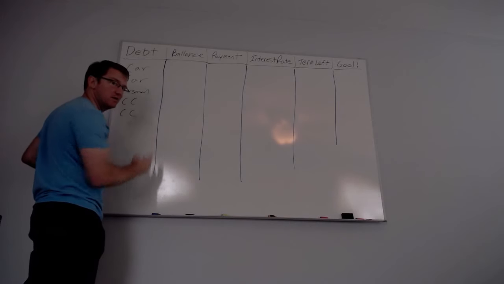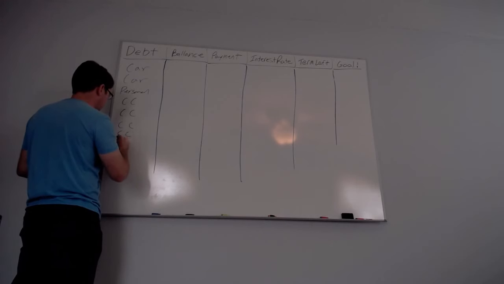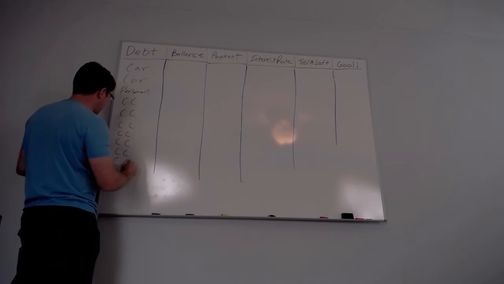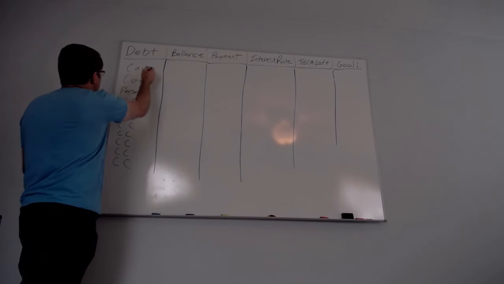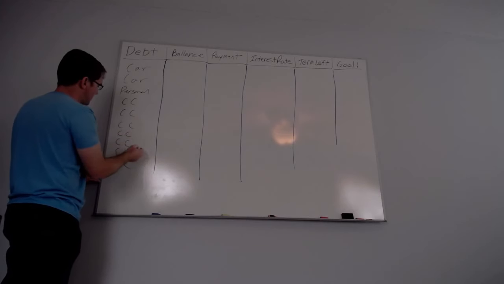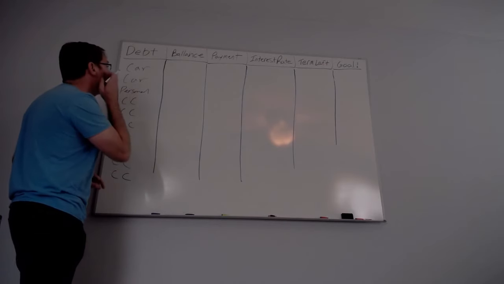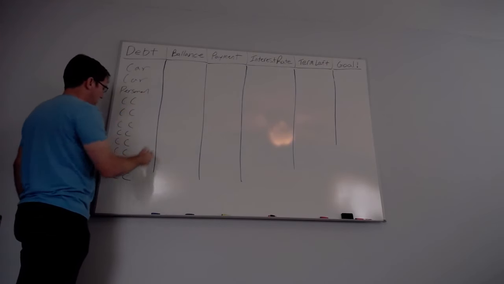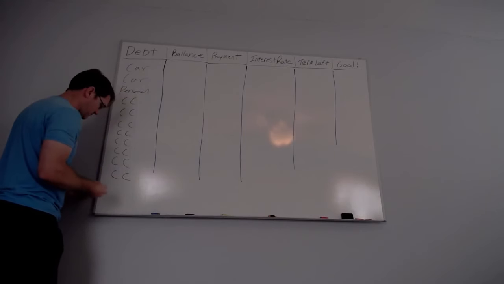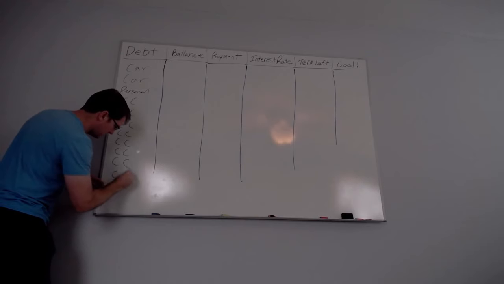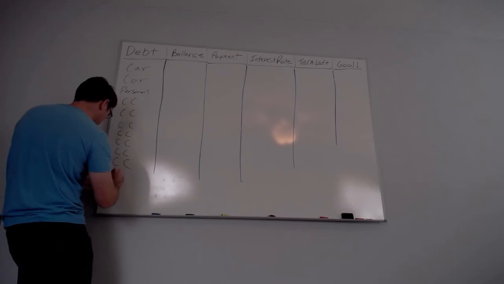I just remember we had 11 things. So I'm just going to put credit card, credit card, credit card, credit card, credit card. We just had so many things. It was just ridiculous. 1, 2, 3, 4, 5, 6, 7, 8, 9, 10. Oh look, one more credit card. There we go. Oh wait, one's not a card. One was the house. That's right, the house.